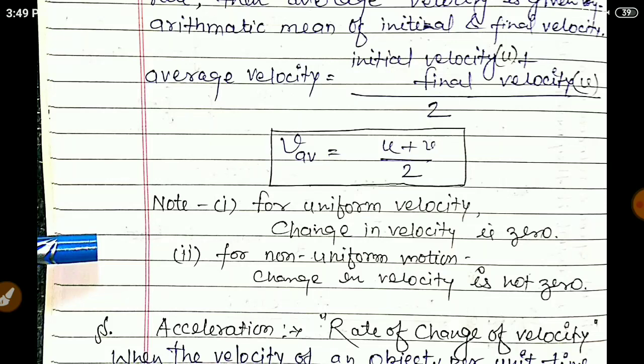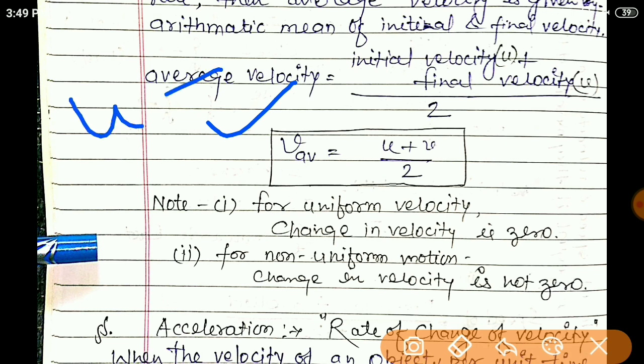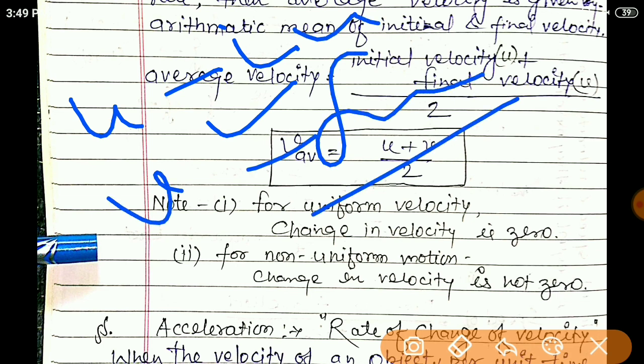So in this case, v average equals (u plus v) upon 2, where u is the initial velocity and v is the final velocity, and its units are the same as those of velocity. Okay, note: for uniform velocity, the change in velocity is 0. In uniform velocity there is no change, but in the non-uniform case the change in velocity is not 0.